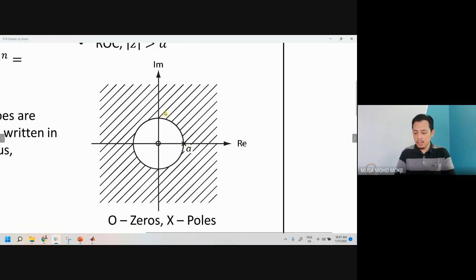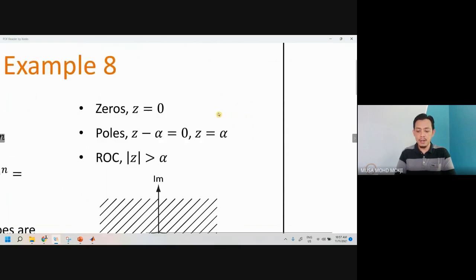If you notice, we're supposed to have a real and imaginary value, but in our case it happened that our z only has a real value. It is possible that you will have z equal to, let's say, 2 plus 3j, because z is a complex value.